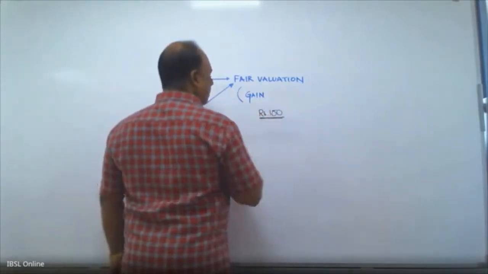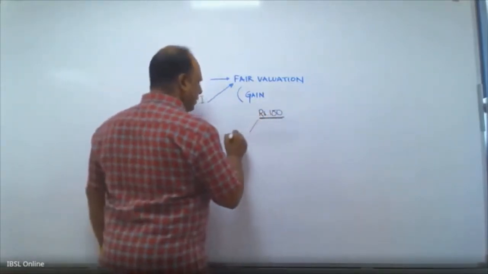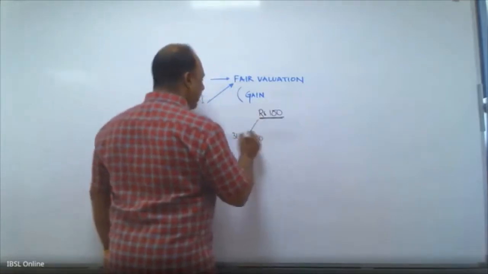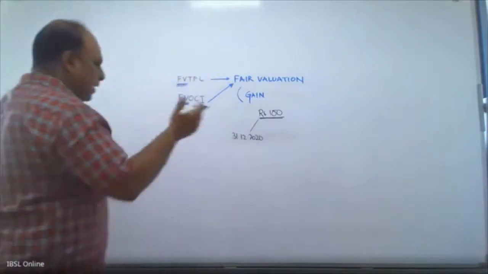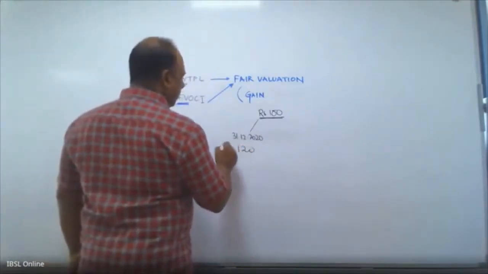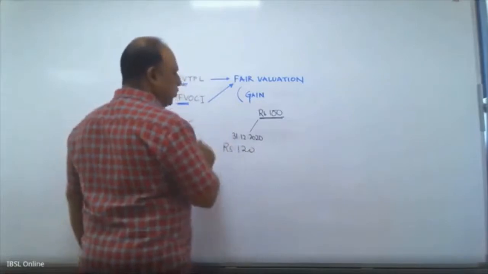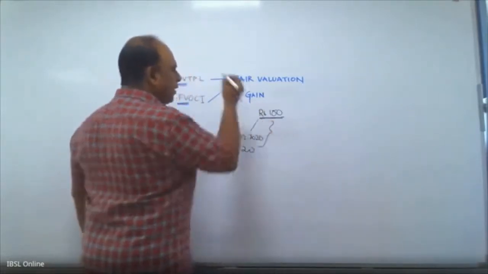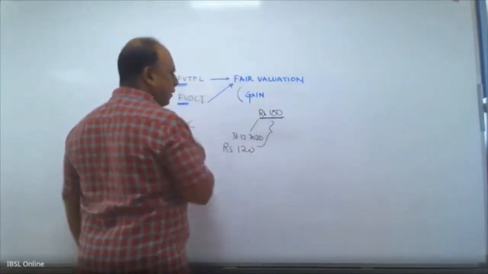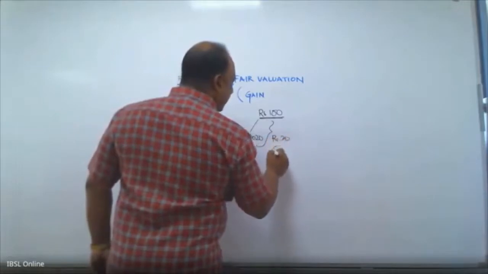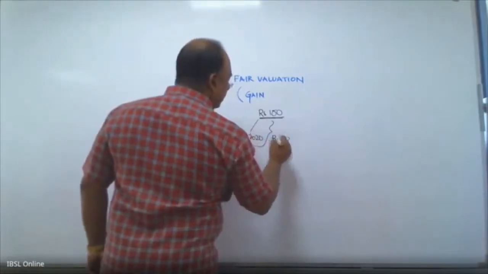Now, as at 31st December 2020, when you looked at the price of this share, let's say it was 120. I'm just taking an example. So from every share that you have under fair value through P&L, you will get rupees 20. What is it? A gain.